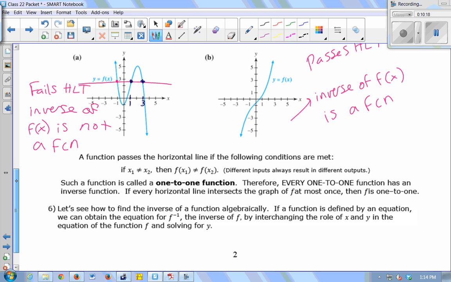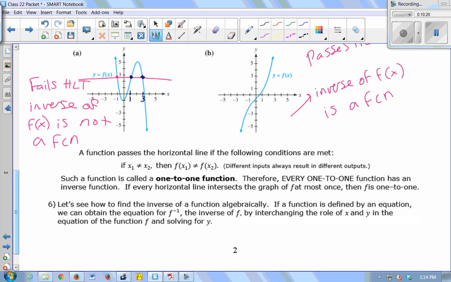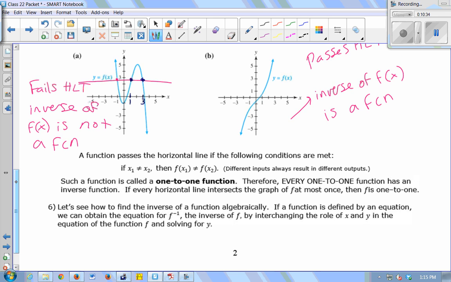So 2 to 1, yeah, or 2 to 1. Two x's go to one y, so it's 2 to 1. All right, so such a function is called 1-to-1, a function that passes the horizontal line test where different x's always produce different y's. We call that kind of a function 1-to-1.